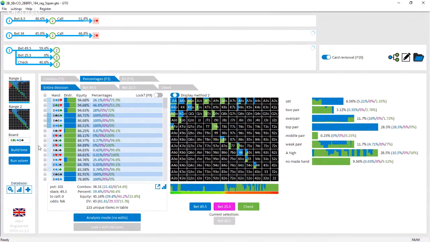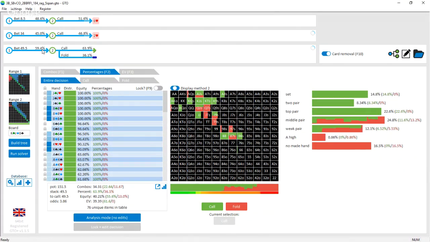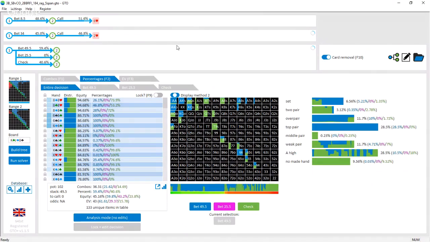So does that make sense for the differences about when it applies, when it doesn't apply? So when the SPR is less than 1, it's not going to apply. And so if you're on the river, when the SPR is less than 1, you should be betting very aggressively into the checking range because the opposition player should be going all in at a high frequency with all their strong hands.